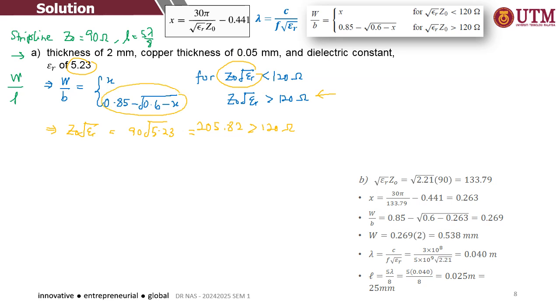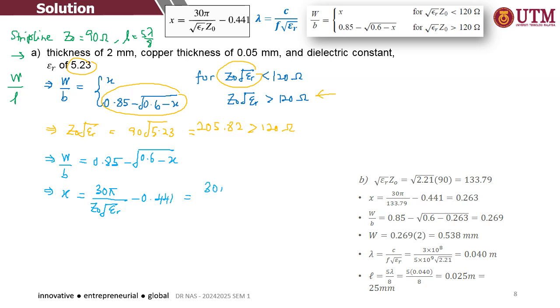Okay, so your W over B will be equal to 0.85 minus 0.6 minus X. Then what is X? You need to calculate X from the equation X equals 30 pi divided by Z0 root epsilon R, minus 0.441.